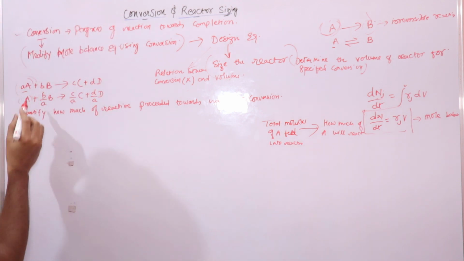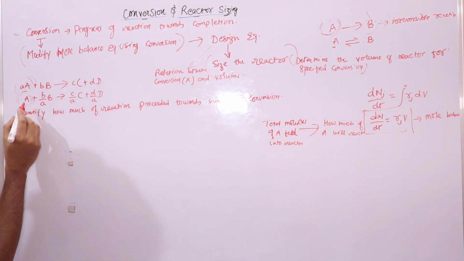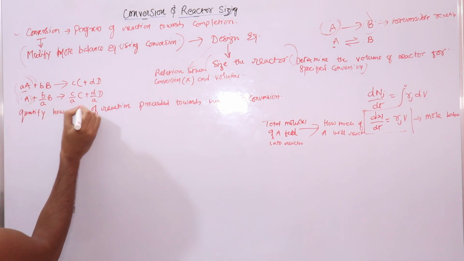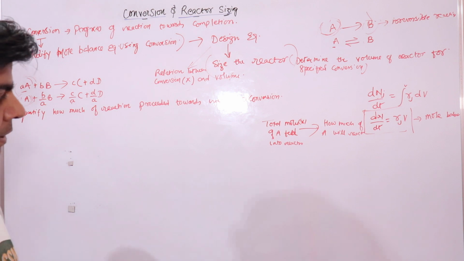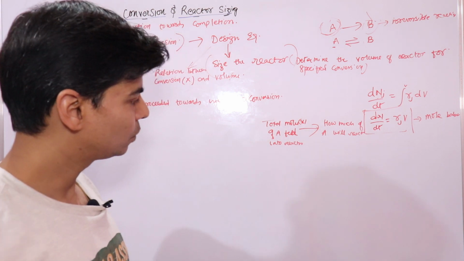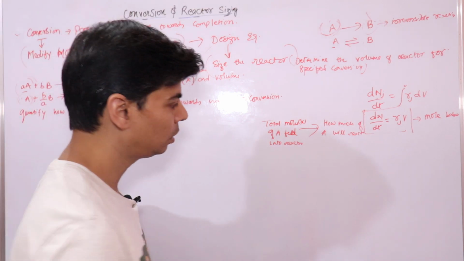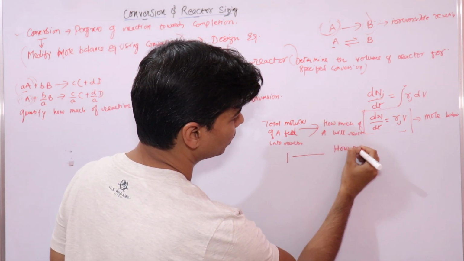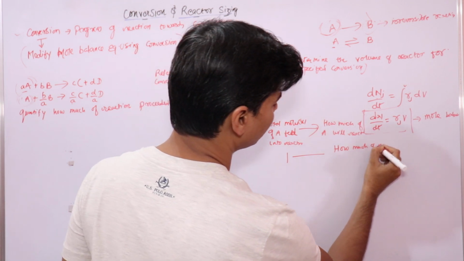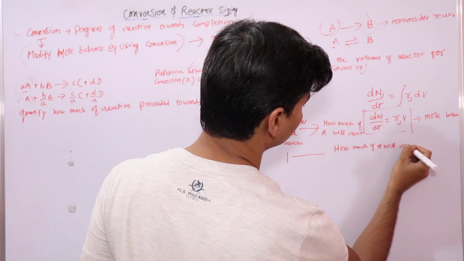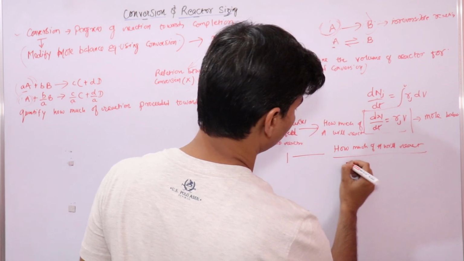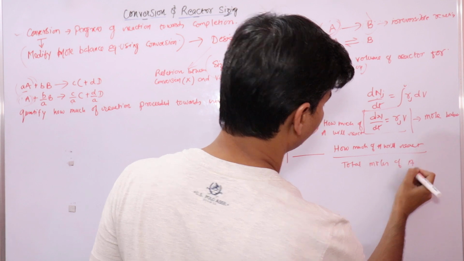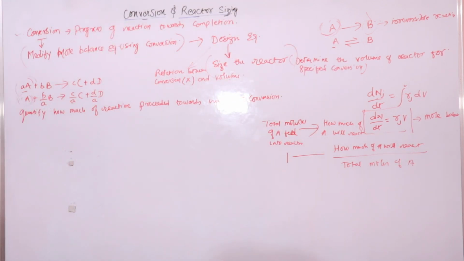And here we are using it. If you look at this equation, 1 mole of A is forming this many moles of C, right. So if we write this equation in terms of per mole, for 1 mole it would be how much of A will react divided by total moles of A. This is what it means, right.